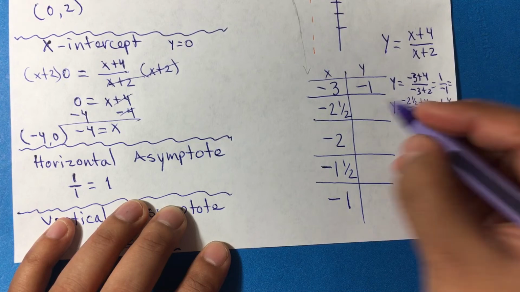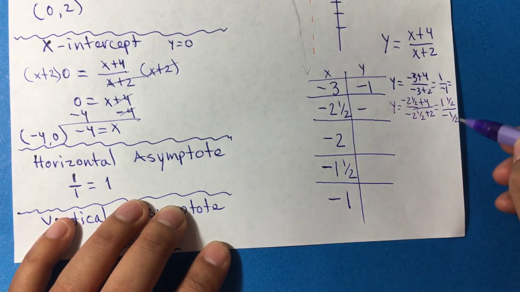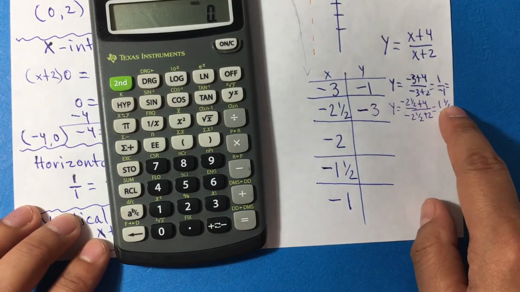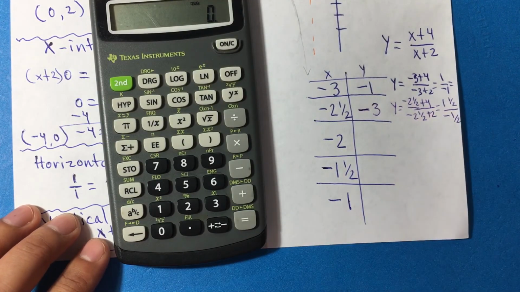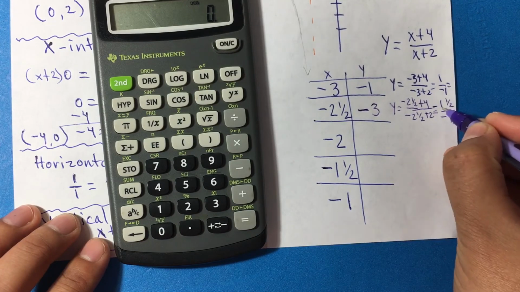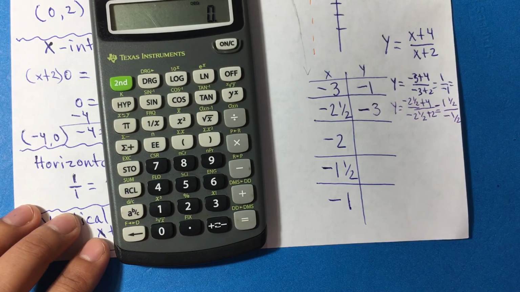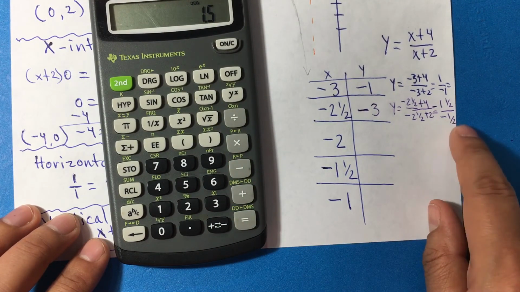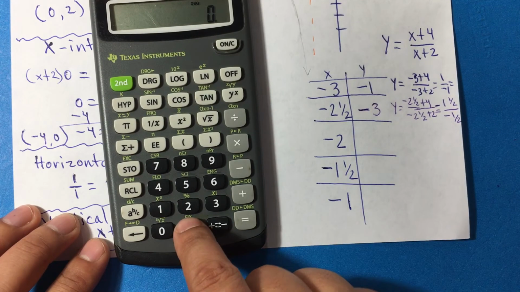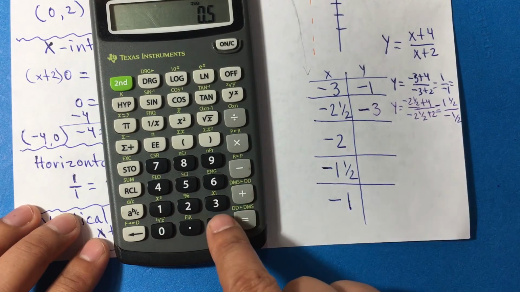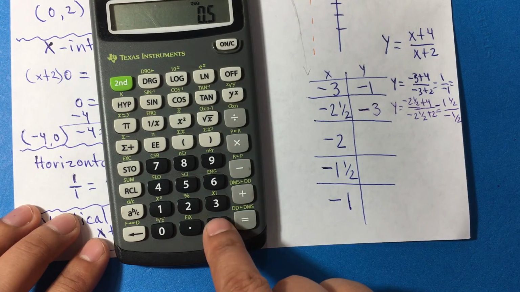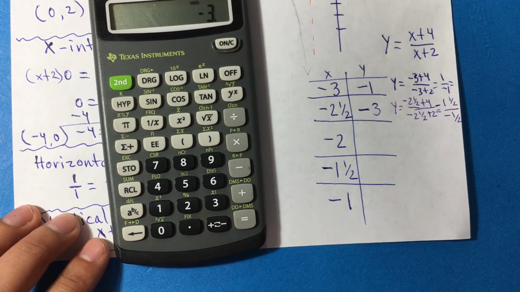Positive divided by negative is negative. How many halves go into 1.5? It's 3 of them. So on the calculator, the top one is positive 1.5, divided by -1/2. You put 0.5, press the negative, which is right here, not this minus but the negative symbol, and then press equal, and you get -3.